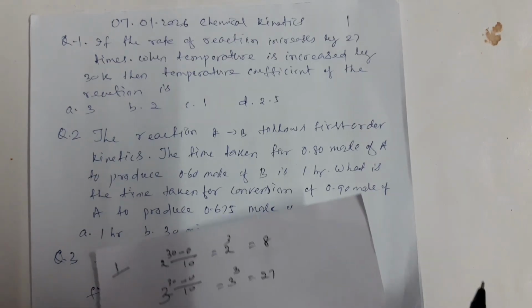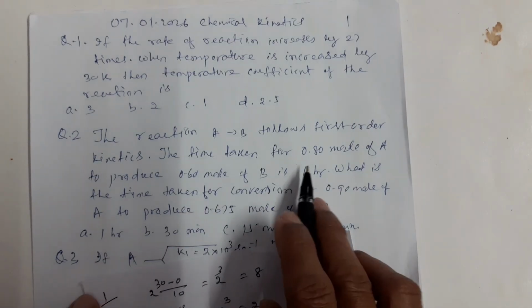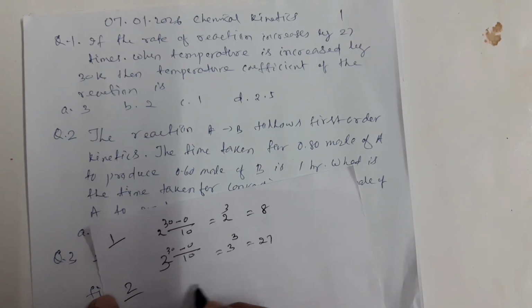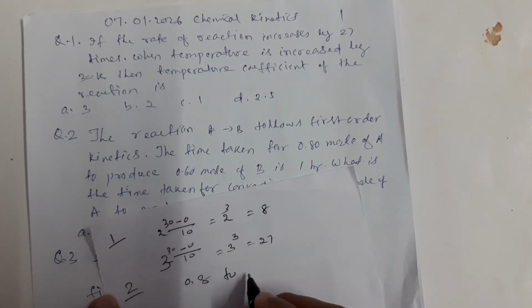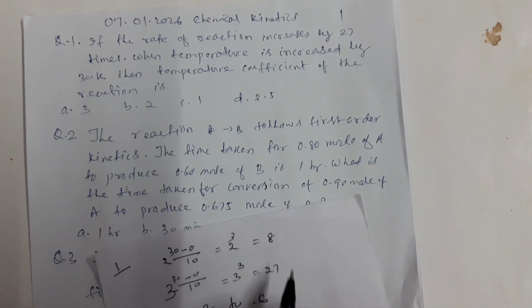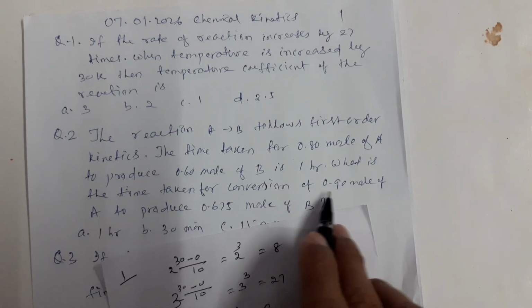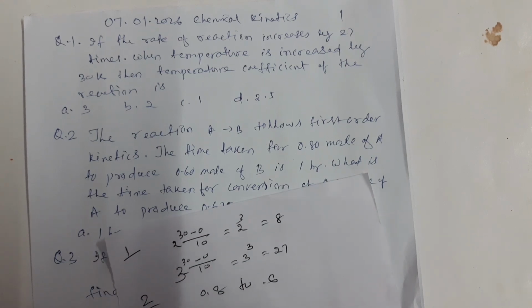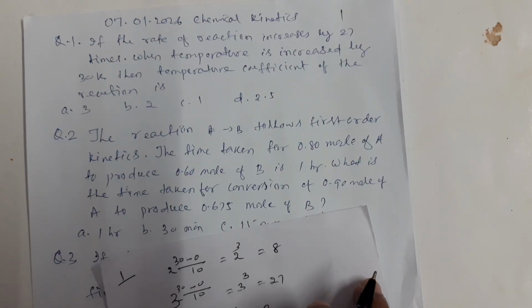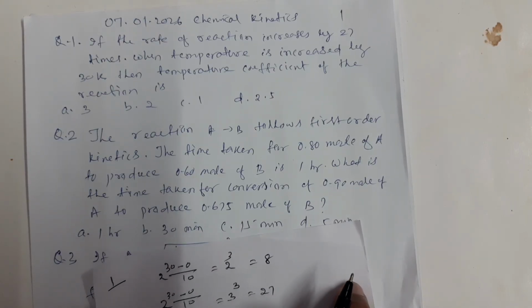Question number 2: from 0.8 to 0.6, and here 0.9 to 0.675. Just imagine how much it is.